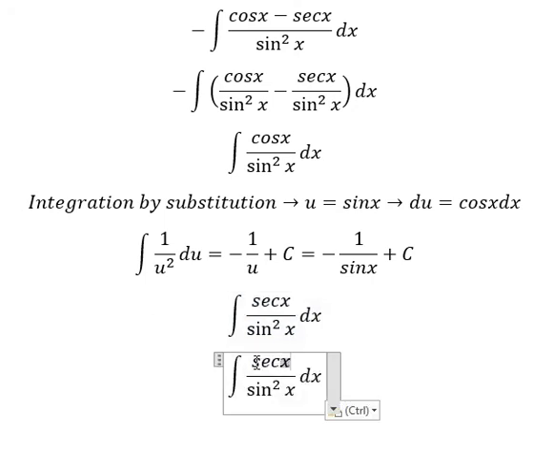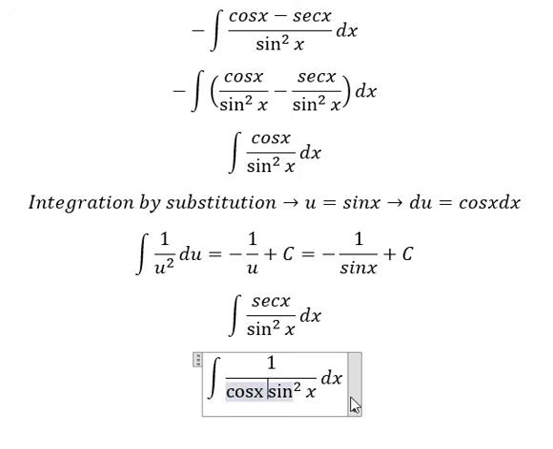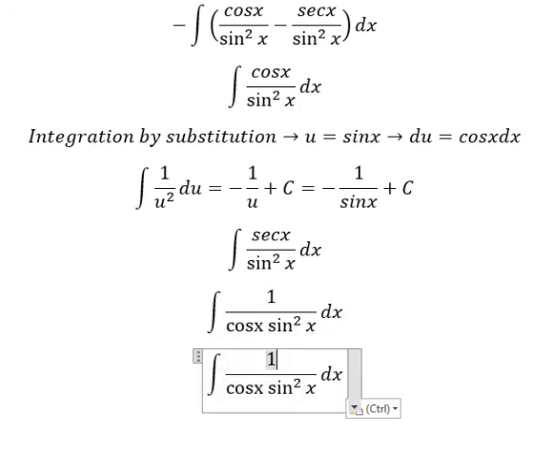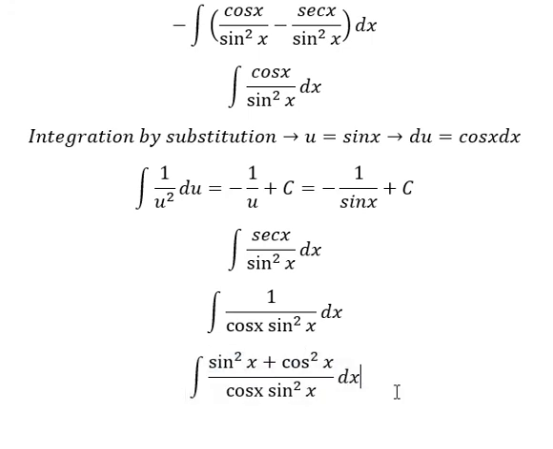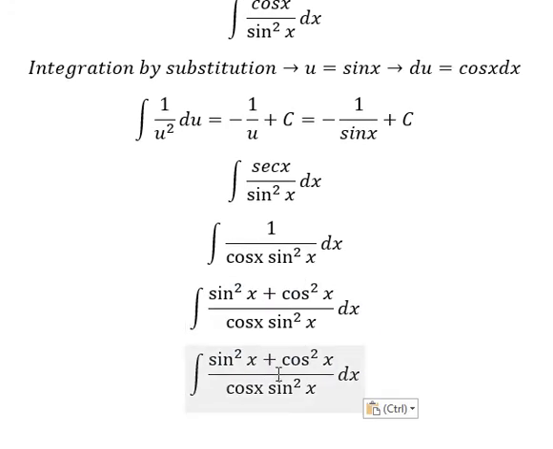Secant of x, that's about 1 over cosine x. Number 1, that's about sine x squared plus cosine x squared. Sine x squared divided by sine x squared, cosine x squared divided by cosine x.